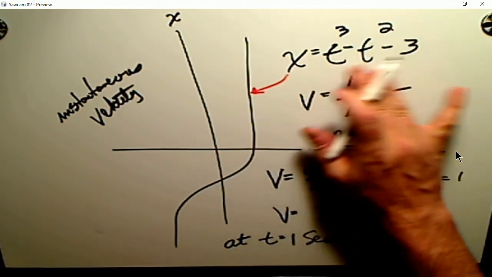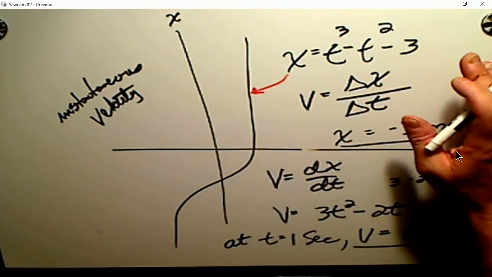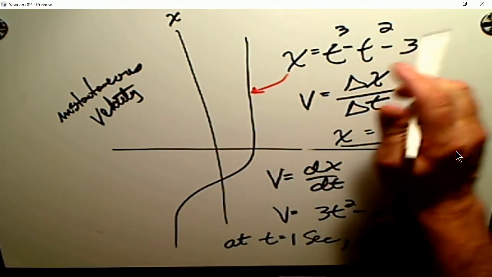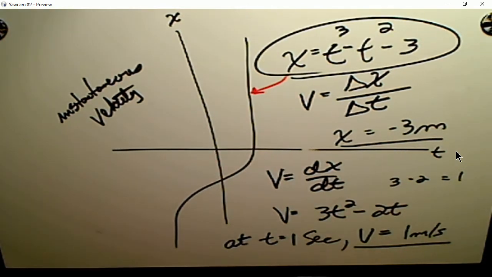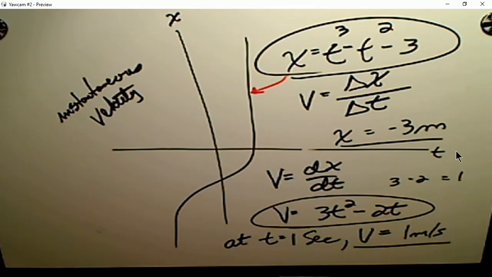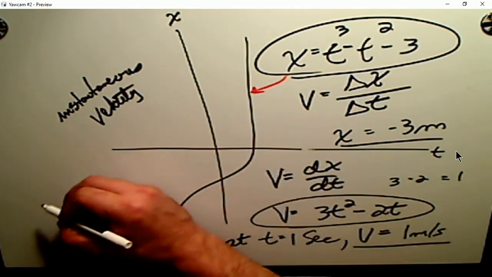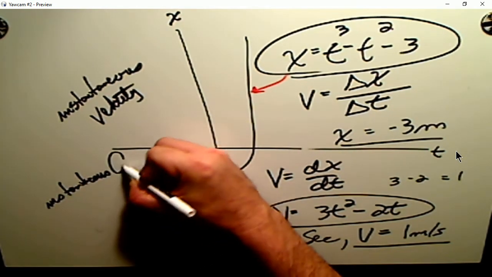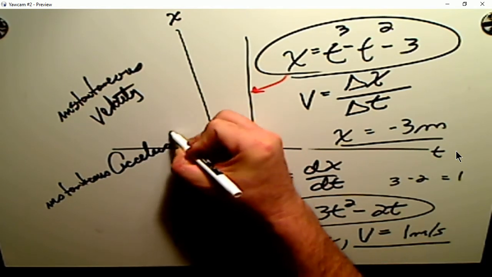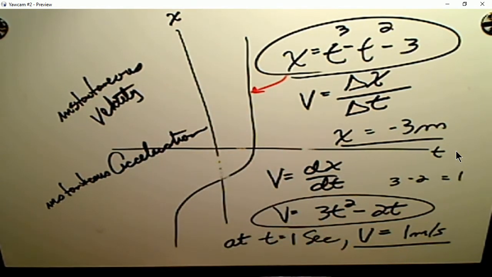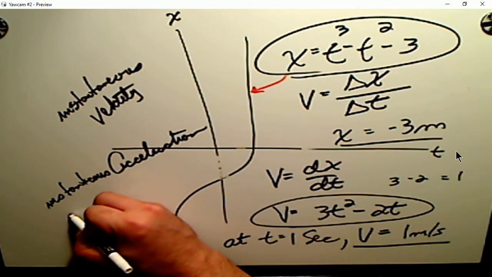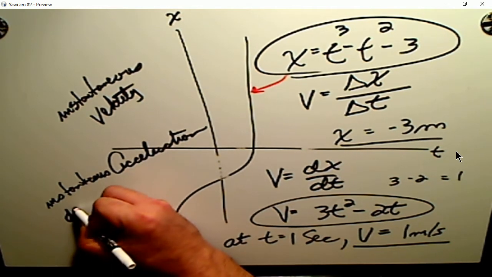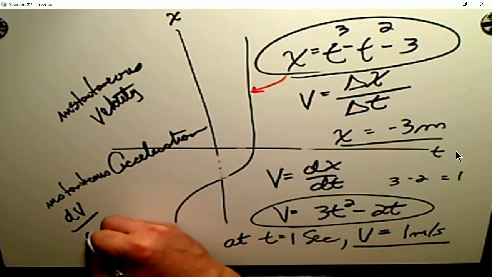So I can look at this equation and at a particular time get the position from the position equation, take the first derivative to get the velocity equation, and I'm going to take this one step further because there is something called instantaneous acceleration, which would be change in velocity for a particular time.